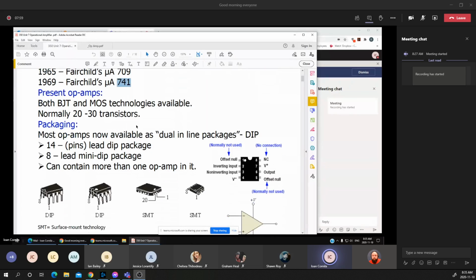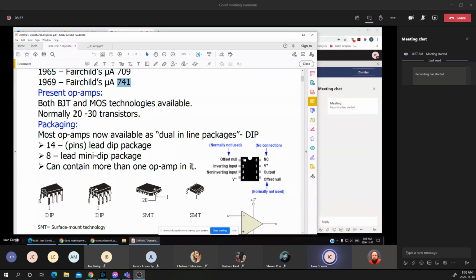Now, both technologies are used. We know what BJT means, bipolar junction transistor, and the MOSFET technology, metal oxide semiconductor. Remember that always, the MOSFET is for low power, or for the high input impedance of the integrated circuit, or the op amps.